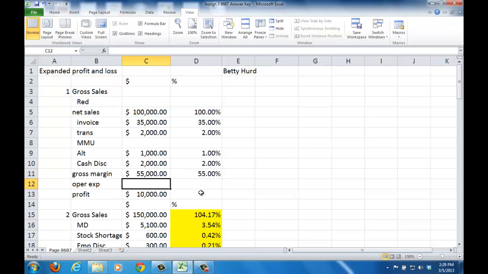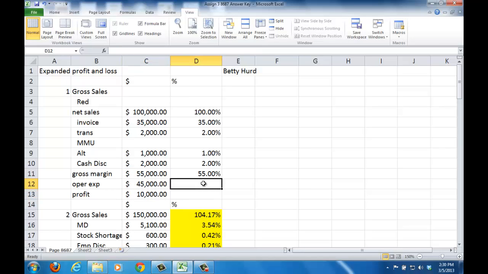We don't know these numbers, but again, we can figure that out. We know that gross margin is operating expenses plus profit. So gross margin minus profit must be operating expenses.